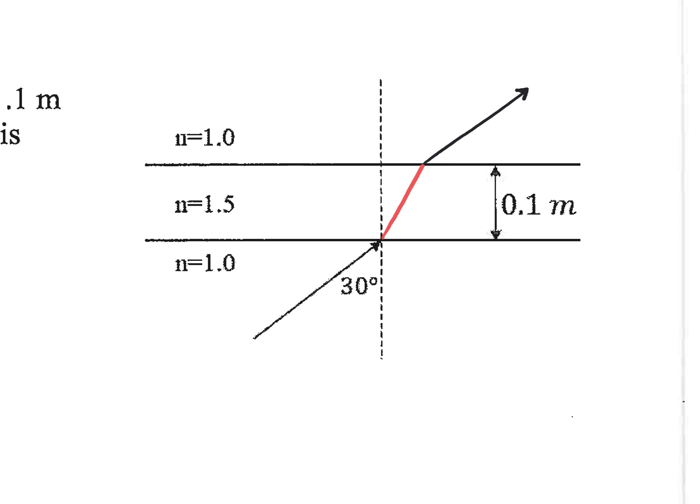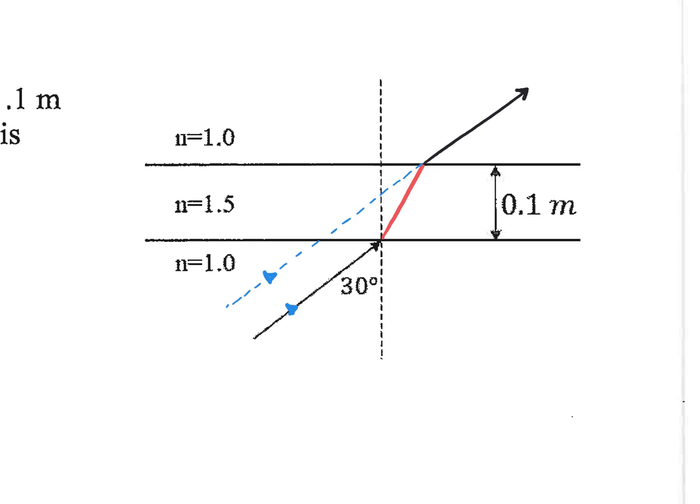Make sense? So if we were to extend this line straight out, it should be parallel to this other line, shouldn't it? Should these two not be parallel to each other? Yes, it should.